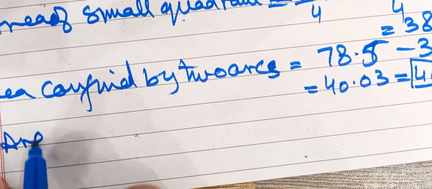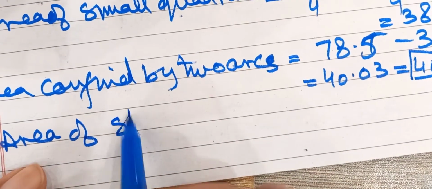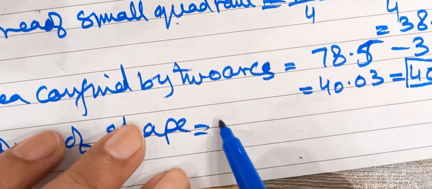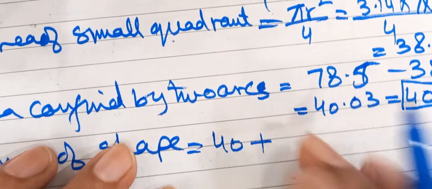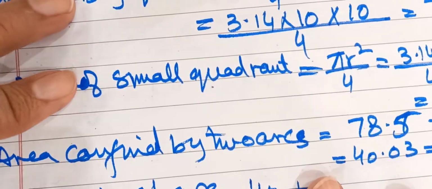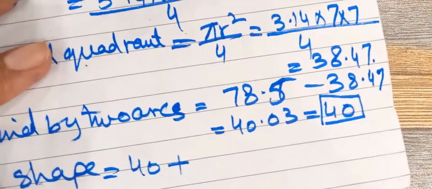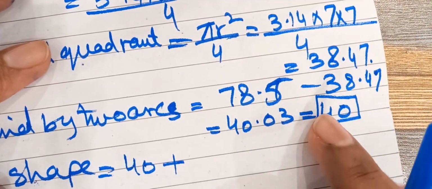Now area of shape, I'll just have to add up all these areas. This is 40, leaving behind the areas of these two quadrants because we have solved them out by subtracting them.